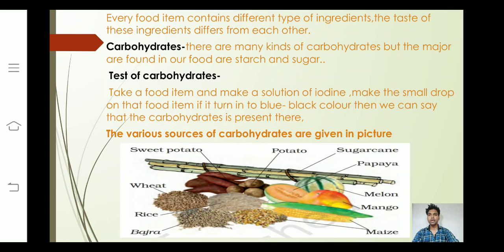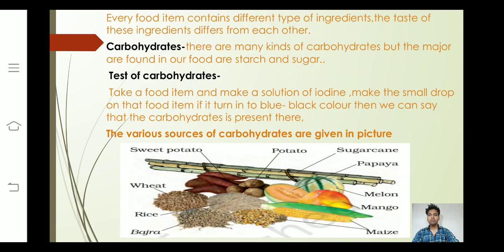Friends, we know that there are many types of carbohydrate, but majorly our body uses only starch and sugar. Friends, if we have to test carbohydrate, what will we do? We take that food item and make a solution of iodine, and a small drop of iodine is put on that food.